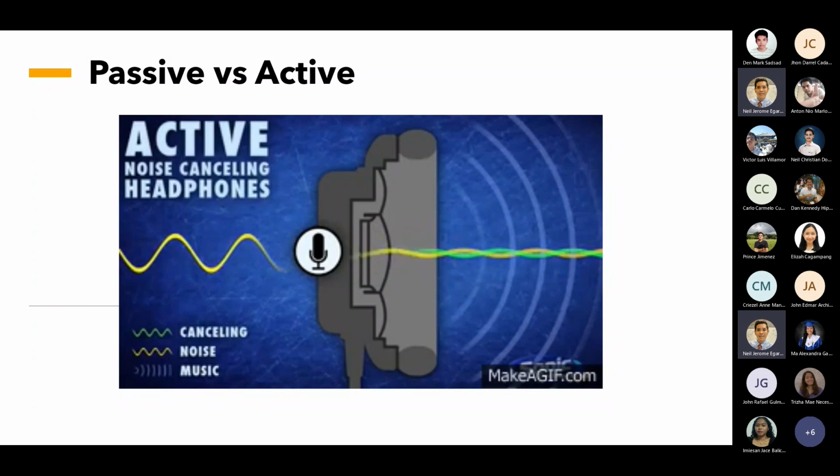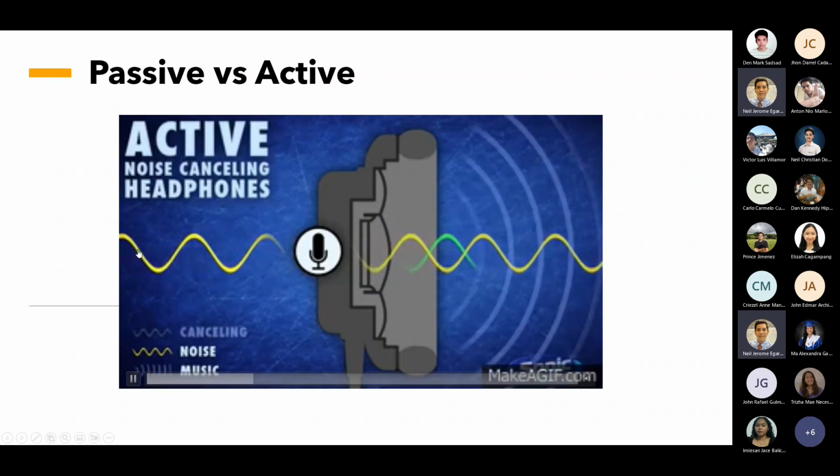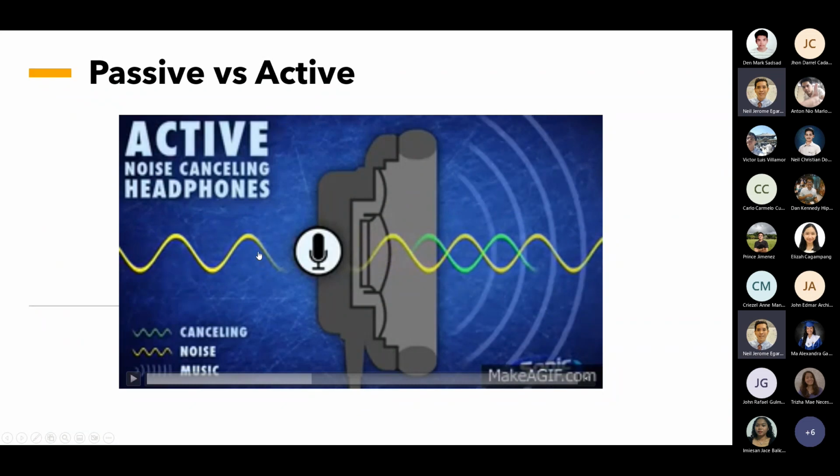Pero kapag meron kang active noise cancelling headphone, ulitin natin yung animation, ano? Pag meron kang active noise cancelling headphone, so meron kang noise. All right. So, tapos ang gagawin ni active noise cancelling headphone, i-measure niya ano yung profile ng noise. Tapos kailangan niyang pag-aralan yung noise na yon para makapag-create siya ng pang-cancel dun sa noise na yon. Kaya siya active noise cancelling.